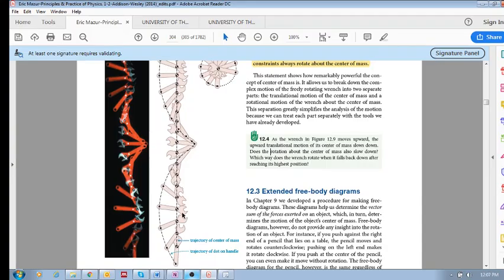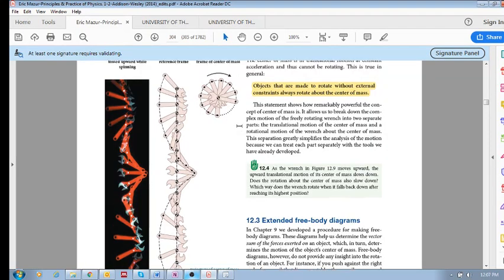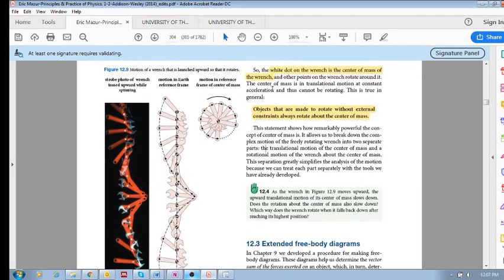So what is this point? Well, we know this point is the center of mass. And our conclusion is that the white dot on the wrench is the center of mass of the spanner.